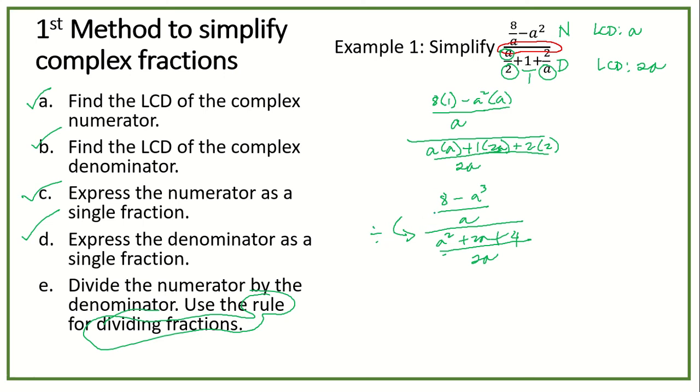The complex fraction on top in the numerator, we just copy it. We change the division, the main fraction bar, into multiplication. Then what happens to the complex denominator below? We just take its reciprocal. So we swap it: 2a over a squared plus 2a plus 4.